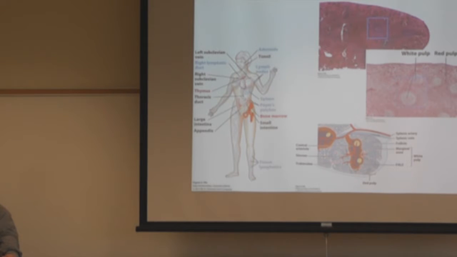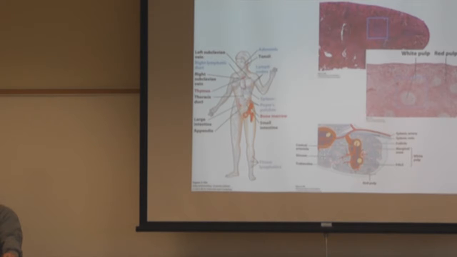And they are going to be in these red zones, and then the white pulp here is going to be our lymphocyte-rich zone, broken down into two different zones. So, for example, we have our PALS region, and we're going to have our marginal zone.